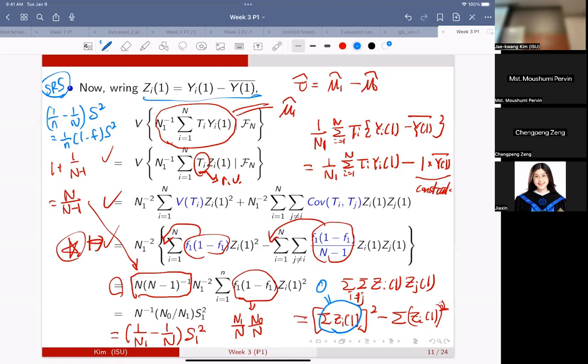Cannot be different, right? I mean, it's the same design, same estimator. How can they be different, right? Cannot be different. But anyway, just compute it again.